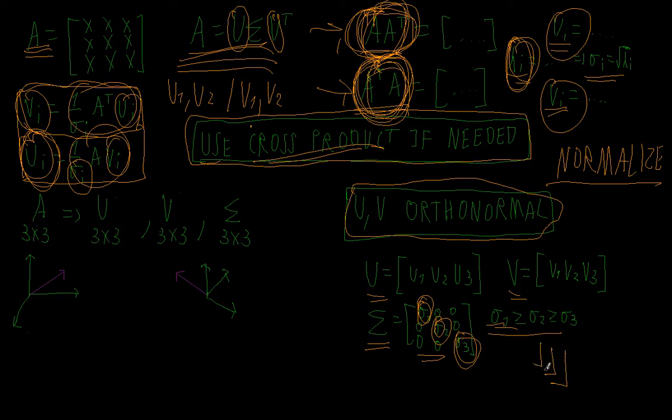Because if they are ordered from the biggest to the smallest one, you know that the smallest ones, the ones that have the least influence on your system, are at the end. And the ones that are the most important to your system, that have the biggest influence, are at the beginning. So you begin by cutting out the last one, then the second last one, and so on. That's the main reason I am aware of.